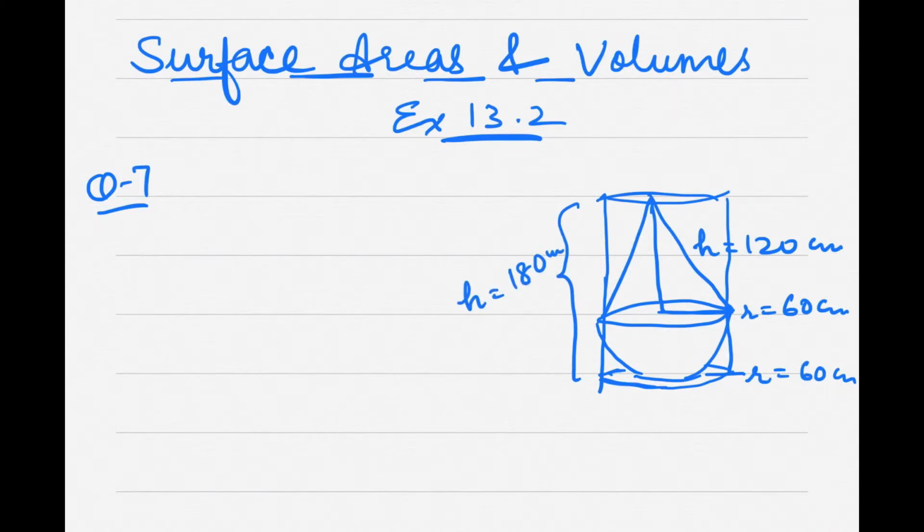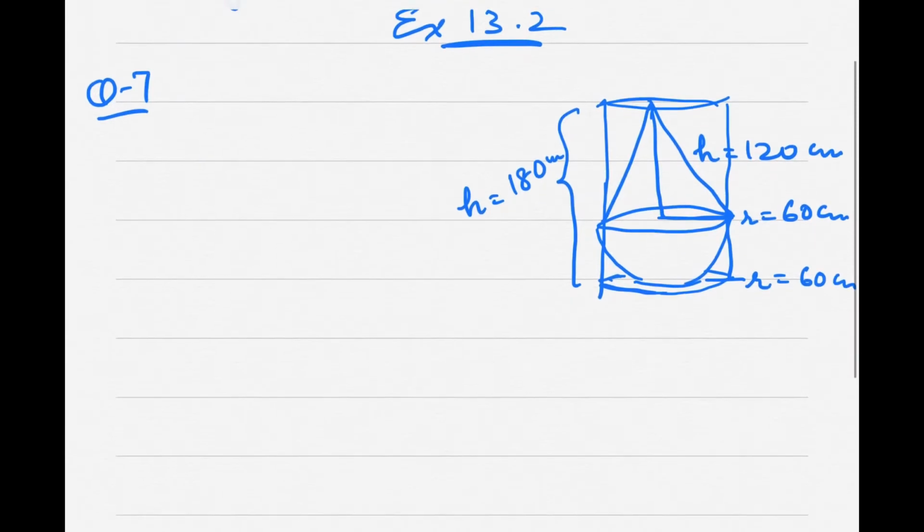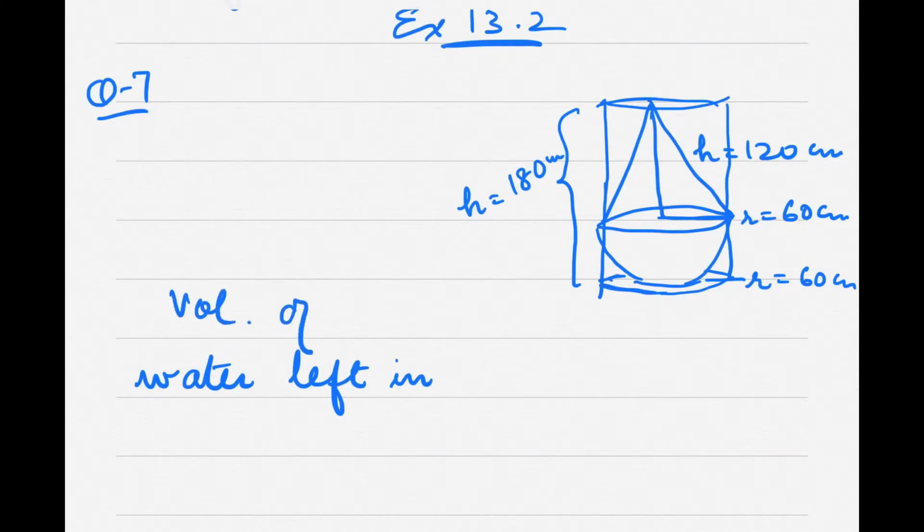Okay, so now we have to find the volume of water left. So first I can find the volume of water left in the cylinder. There was a cylinder which was filled with water, right?